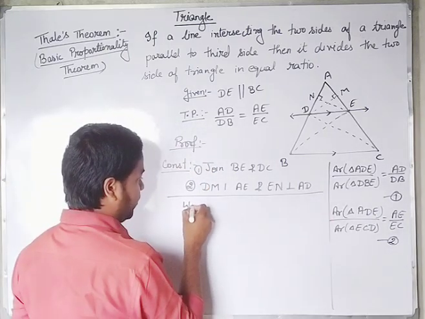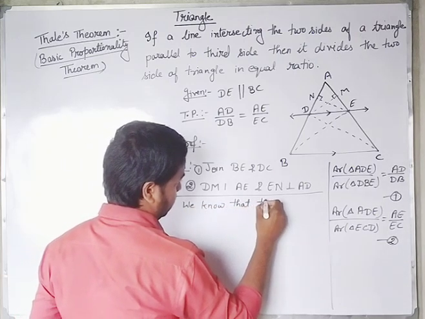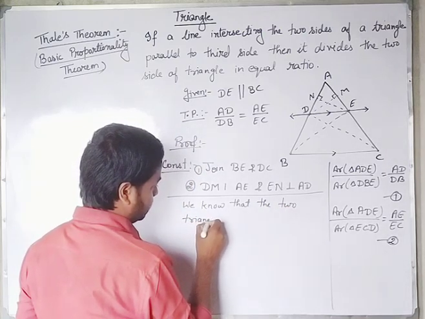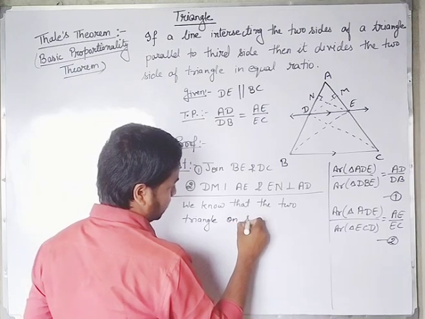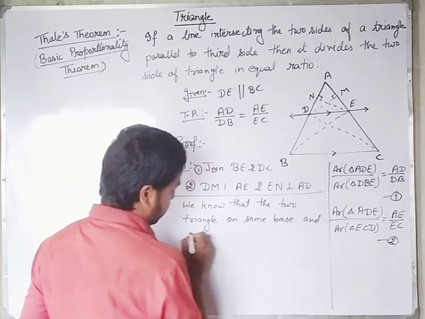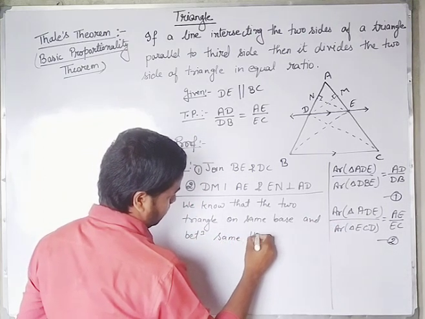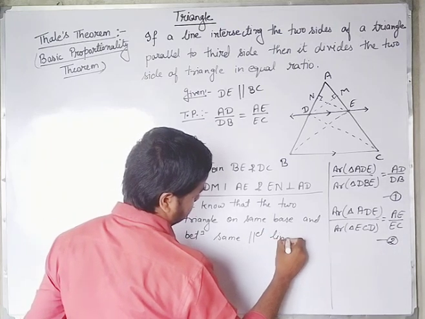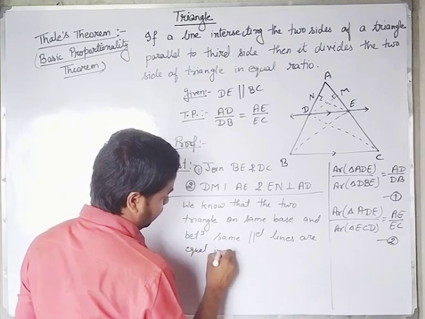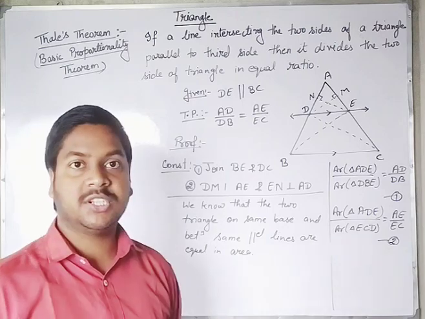You will write here: we know that two triangles on the same base and between the same parallel lines are equal in area. This theorem we studied in class 9.